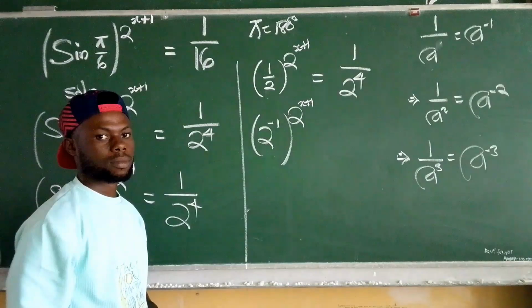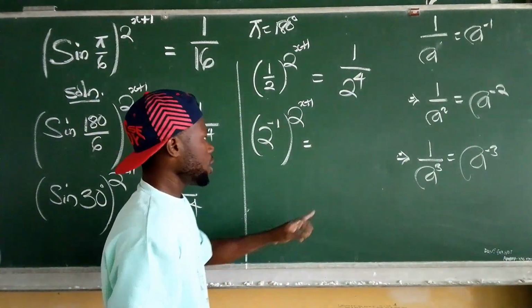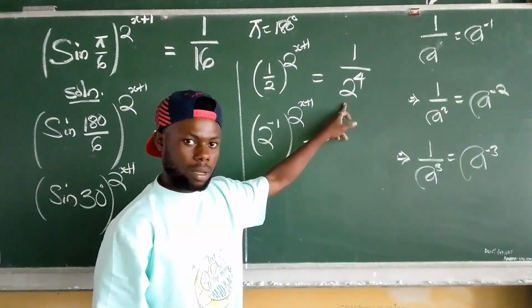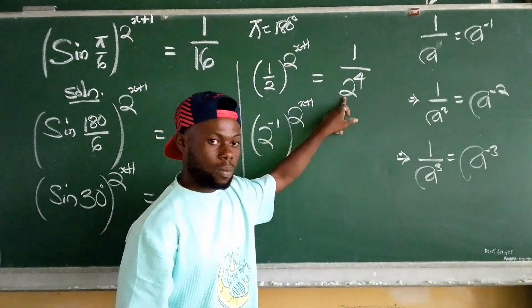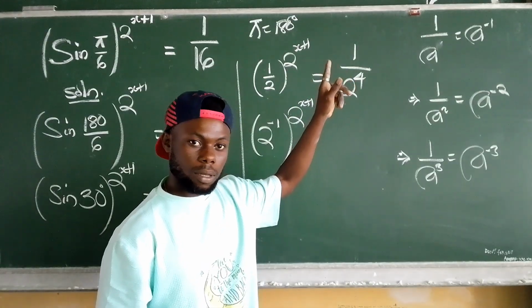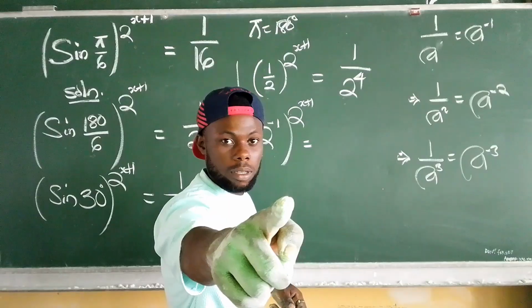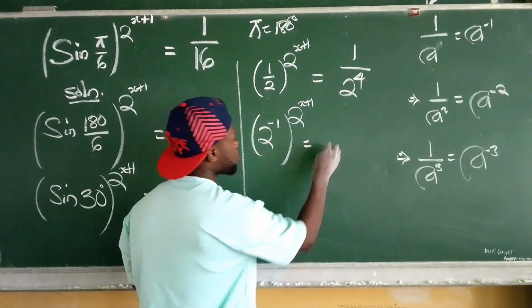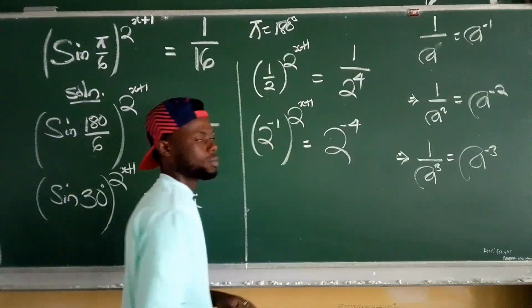If I do the same here, we are going to obtain 2 raised to the power of minus what? Minus 3? Minus what? Yes, you. Minus 4, you're right. So 2 to the power of minus 4.